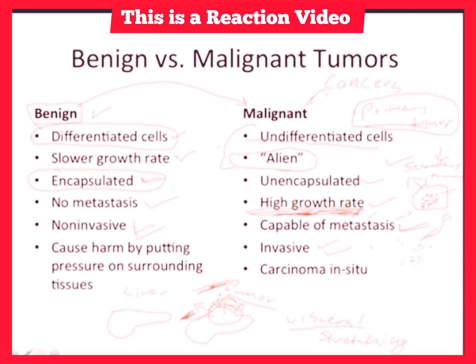Now, one of the things these cells do once they implant and grow, remember malignant cancer cells have high growth rates. That means they have high metabolisms, so they're very demanding. They're going to try to literally steal blood and nutrients, not just from your surrounding tissues, but from your body. One of the ways they do that is they secrete what are called angiogenesis growth factors.